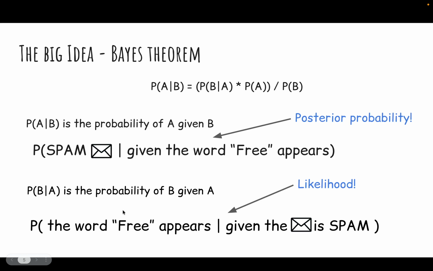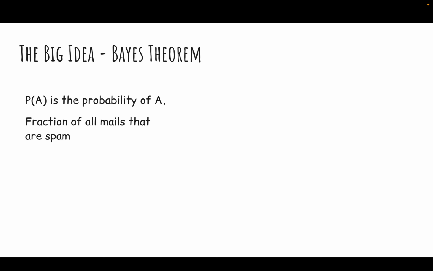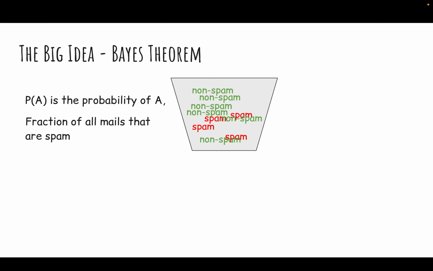Now let's understand what P of A and P of B are. P of A is the probability of A, which represents the fraction of all mails that are spam. Here, consider you have around 10 mails in your inbox, out of which 4 of them are spam. So the probability of spam is 4 divided by 10, which results in 0.4. This is known as the prior probability.